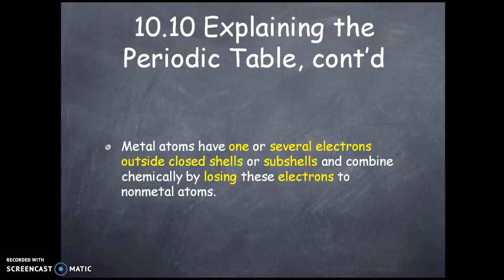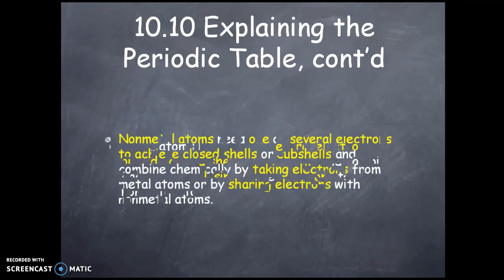That's why metals and non-metals react together to make a stable compound. Non-metal atoms are always looking for one or several electrons to achieve a closed shell or subshell, and they combine chemically by taking electrons from metal atoms or by sharing electrons with non-metals.